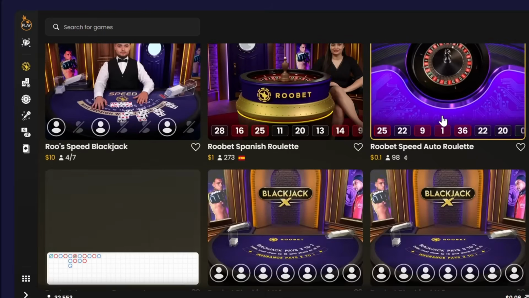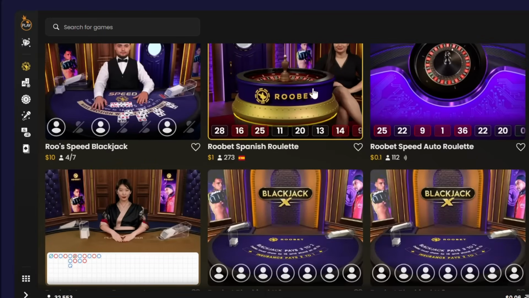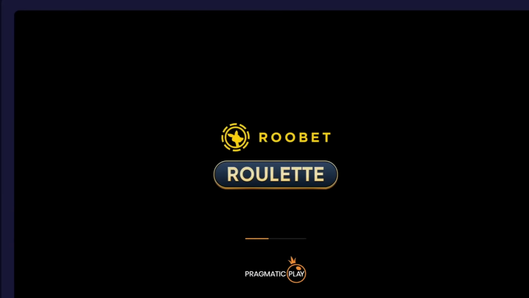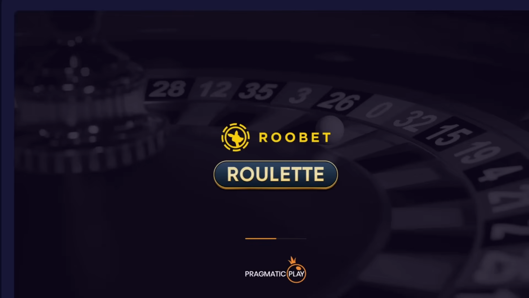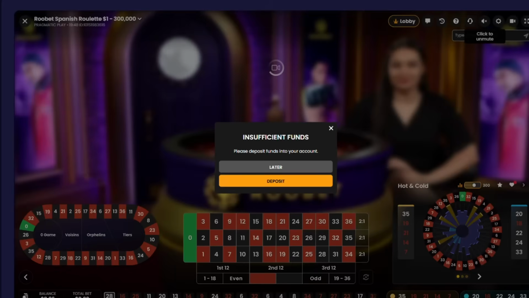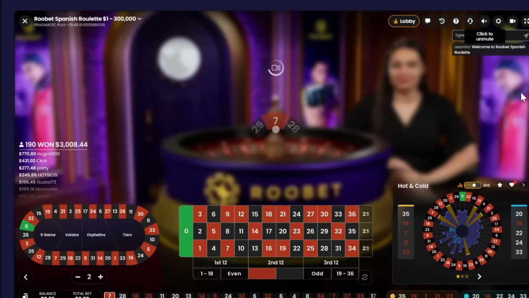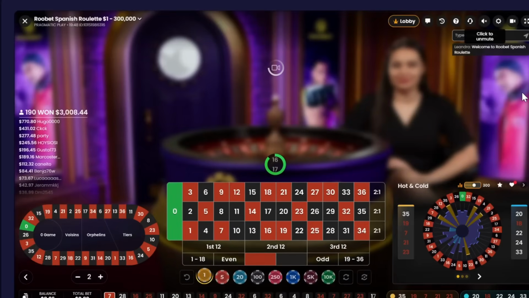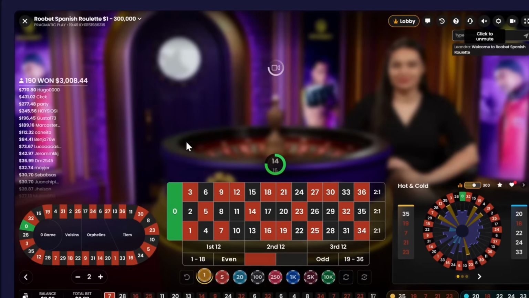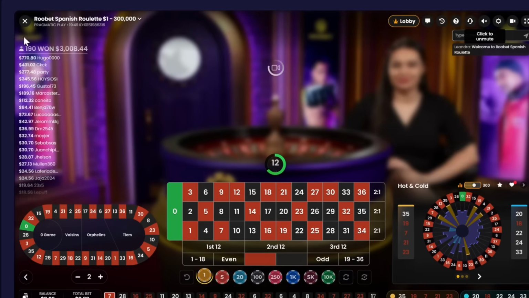Yeah, because there were a lot of requests for roulette. So okay, let's go into the Spanish roulette. It doesn't really matter because we understand the whole measure that we are looking at in order to identify the winning approach for roulette. All right, so here we go.